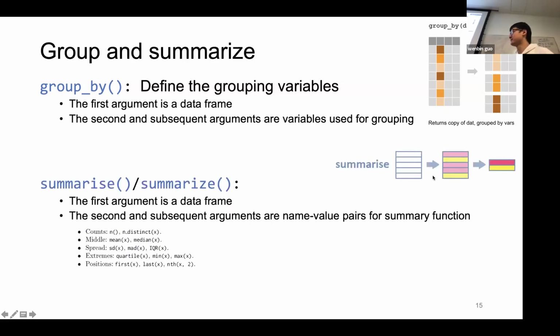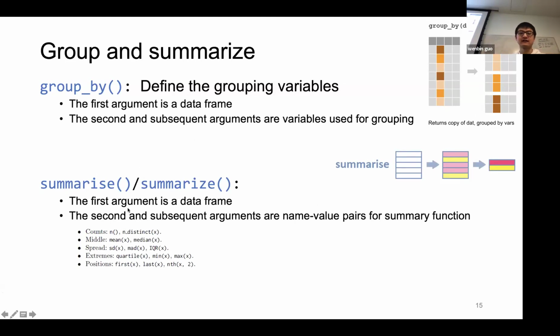With this group by variable, usually the follow-up is that we want to do some summarization after finishing the grouping. When you already have the grouped data set, you can summarize it, for example by mean, by calculating the average, or sometimes by how many observations there are.